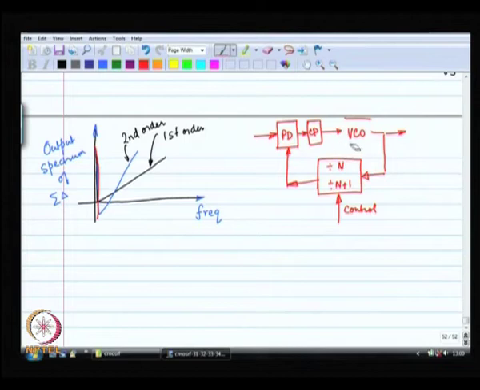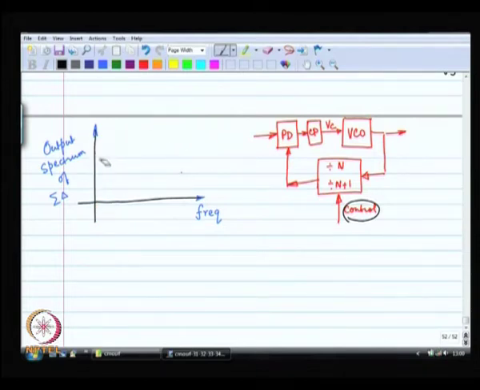I am going to call both control signals, right. Okay. So, the spectrum that I have drawn on the right hand side, on the left hand side is the spectrum of this control signal. Let me draw a more realistic spectrum for you. More realistic spectrum is going to look like this.